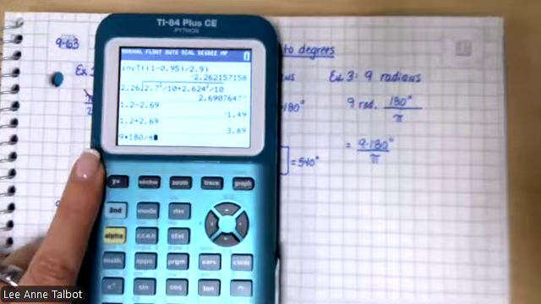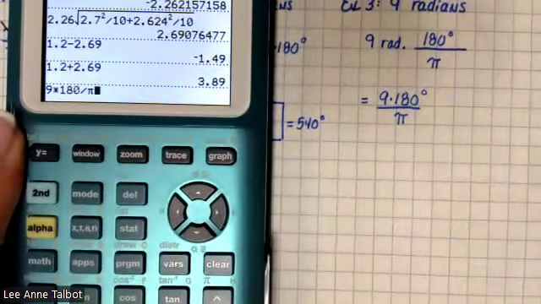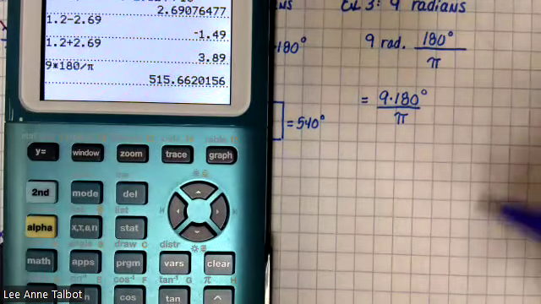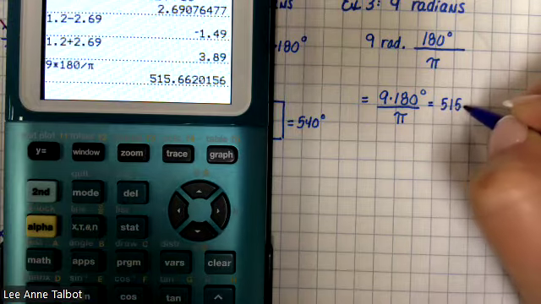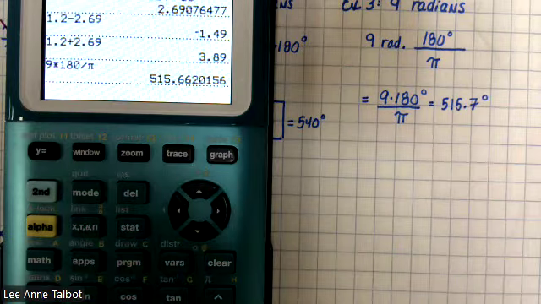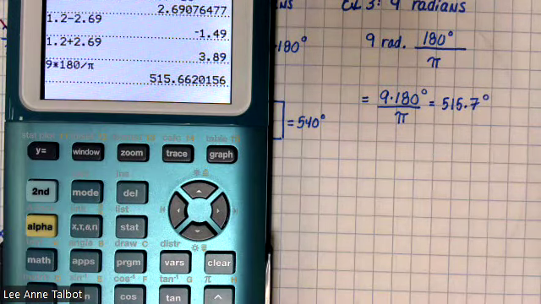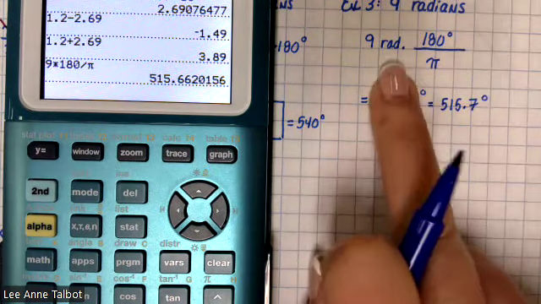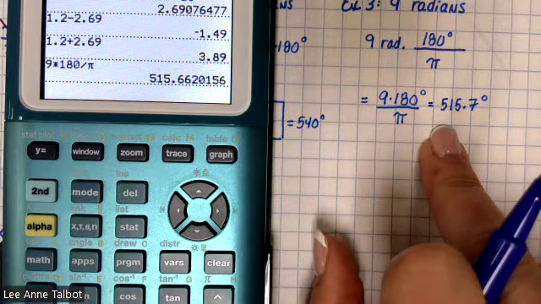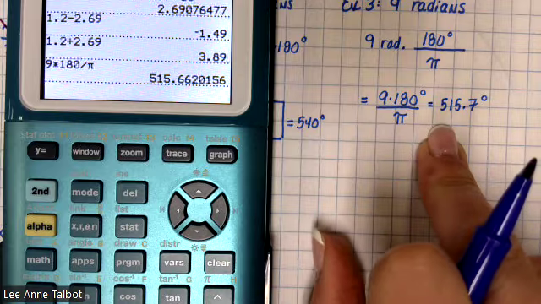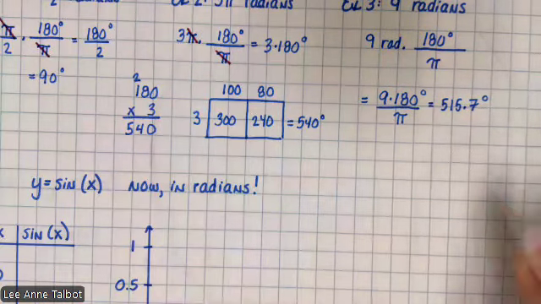So 9 times 180 divided by pi is 515.7 degrees. So if you've got a whole number for your radians, you're going to have a decimal for your degrees for sure, because they don't line up nice, unfortunately.